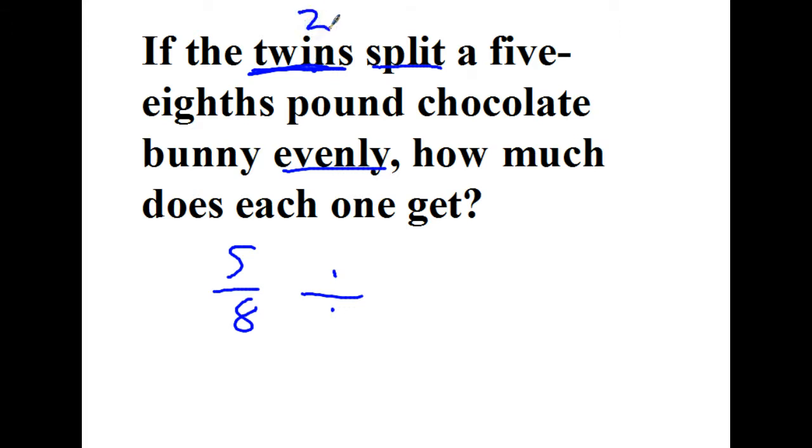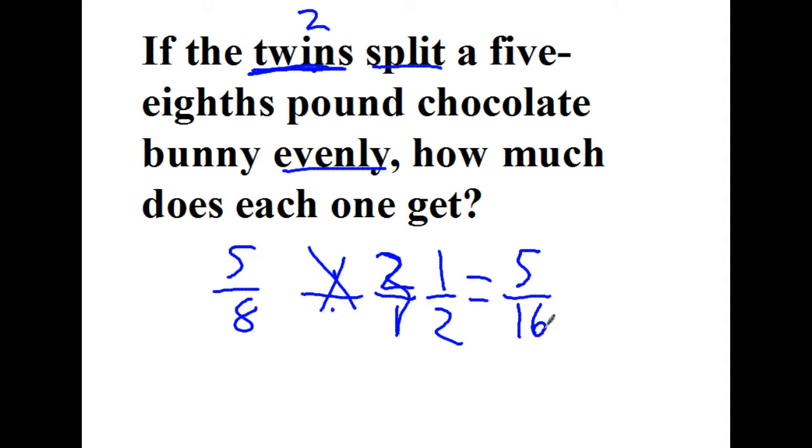Twins means 2, so 5/8 divided by 2 is what we're really doing. Keep my first fraction, change the sign, flip to the reciprocal of the second fraction. 5 times 1 is 5, 2 times 8 is 16. Cannot simplify, so that would be 5/16 of a pound.